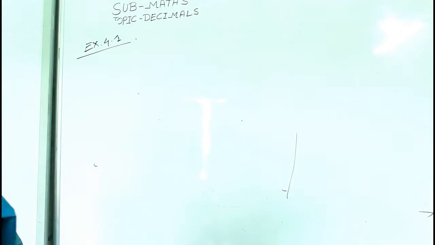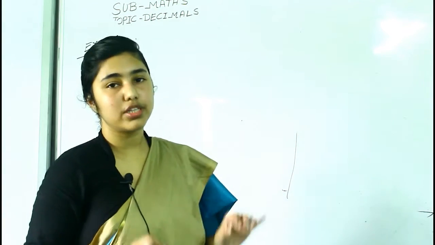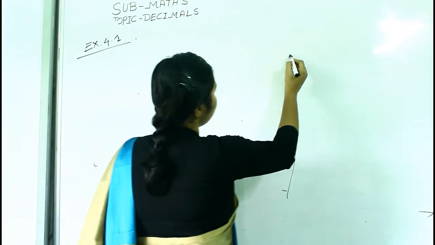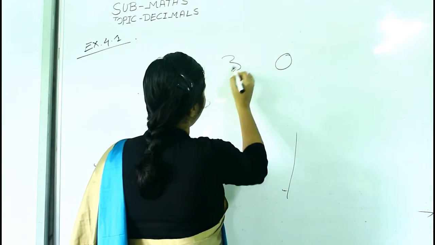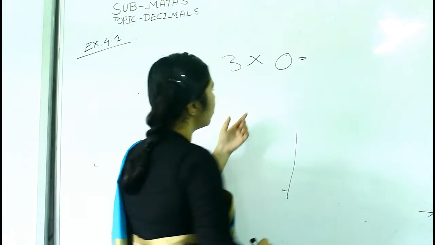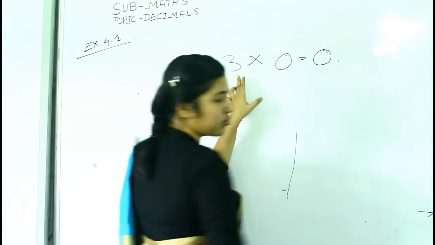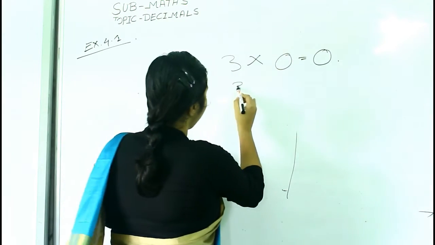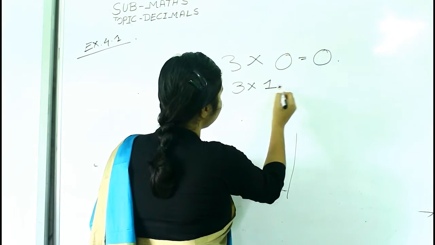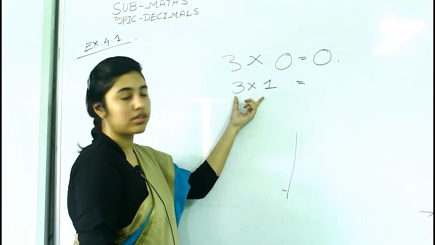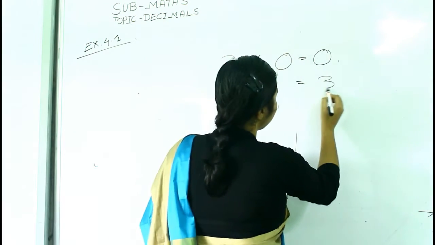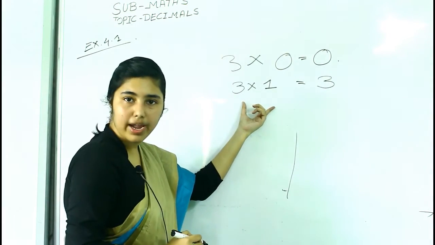Now next, if we multiply any number with 0, what do we get? We get 0, right? And if we multiply any number with 1, we will get the number itself, right?